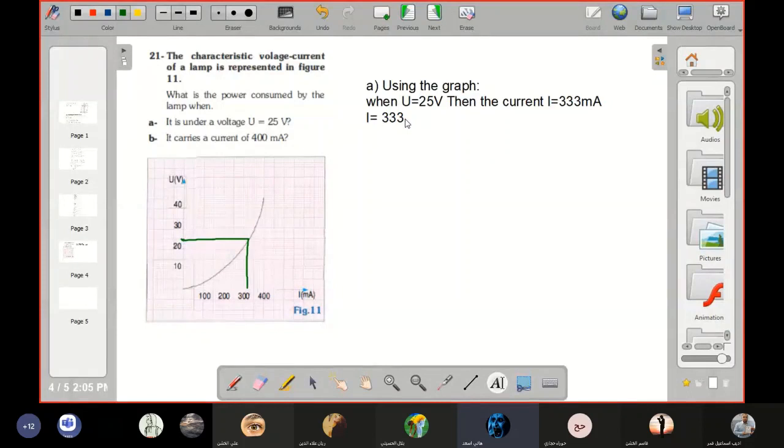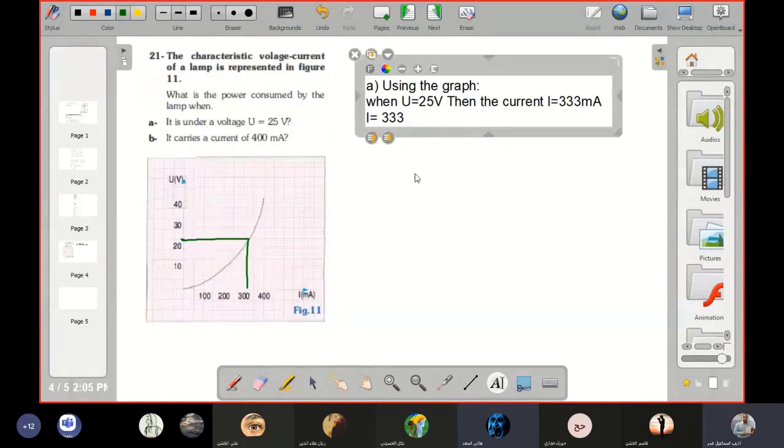Ryan, over 1000 equal 0.333 ampere. Now we have the voltage and the current.